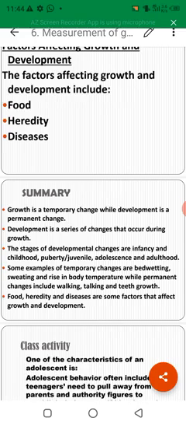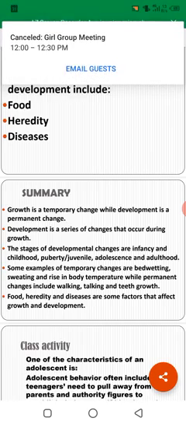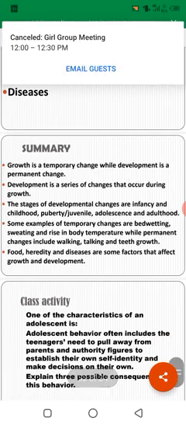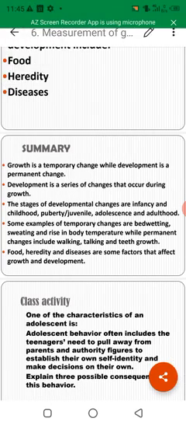Now, in summary, from what we have been saying, growth is temporary change, while development is a permanent change. Know that. Development is a series of changes that occur during growth. Know that also. The stages of developmental changes are infancy, childhood, puberty/juvenile, adolescence, and adulthood.